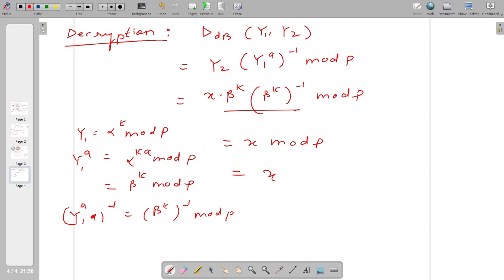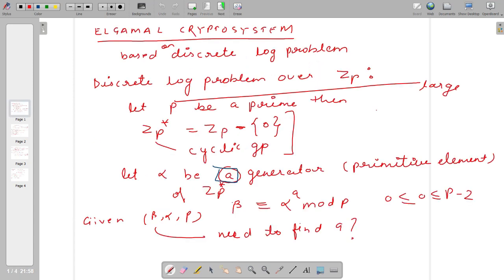So this is the encryption and decryption of the ElGamal cryptosystem. We discussed in this video the ElGamal cryptosystem, which is based on the discrete log problem discussed in Diffie-Hellman key exchange. The discrete log problem is, let's say we have P, a prime number, then Z_P* is a cyclic group, and Z_P* is Z_P minus 0.